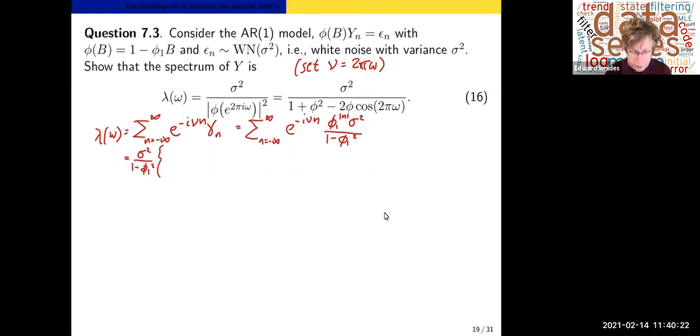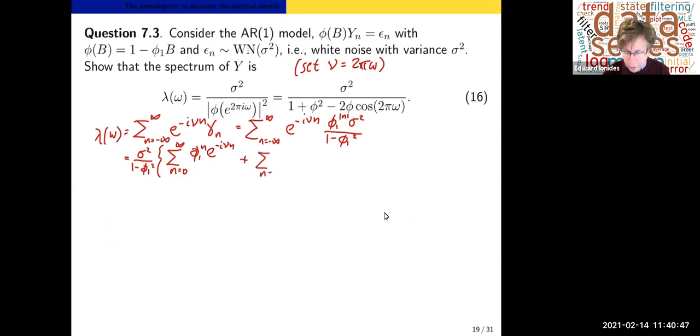If it's one-sided, I could use the geometric sum series. So I'm going to write it. This is the thing I know how to sum. Phi_1 to the n e to the minus i nu n. And then I also have the terms from when n is negative.